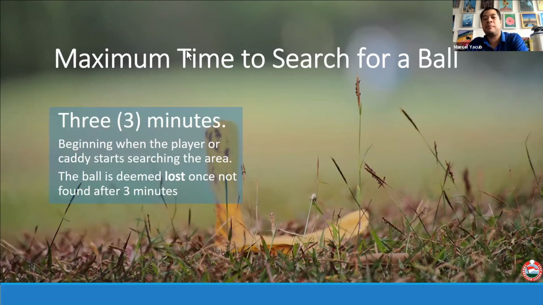That's basically what happened. And then suddenly it's like, I found my ball. Some person says, okay, whatever, that's already past 3 minutes, but you can hit the ball. But some other person is aggressive and says, that's already above 3 minutes. The rules say if you're above 3 minutes, that's a lost ball, even though you found it.